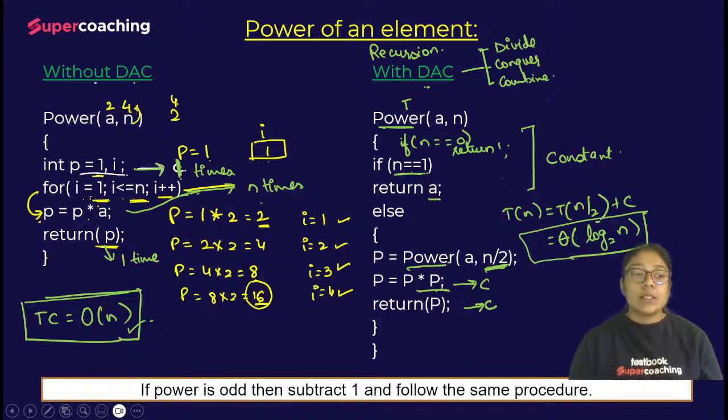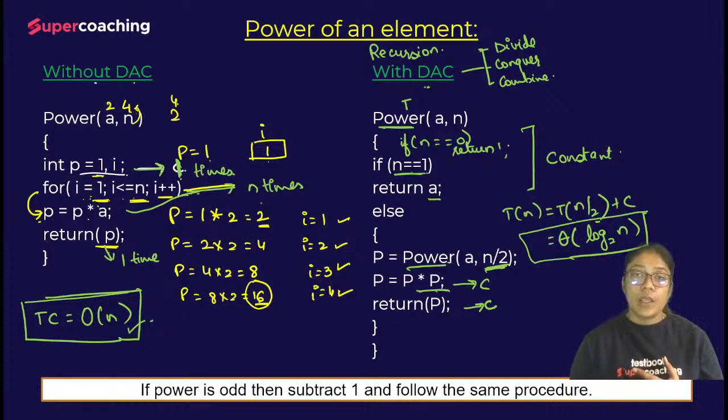Okay, so this is about power of an element. Just let me know if you have understood how to write a recurrence relation. I'll not be focusing on solving the recurrence relation. You could solve it with the substitution method, and I have taken the same example.